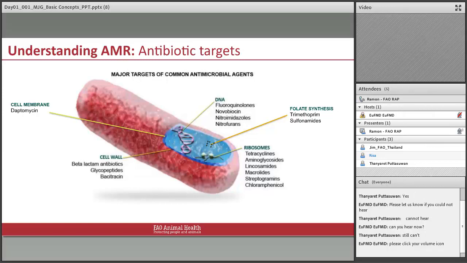For example, beta-lactam antibiotics like penicillin attack the beta-lactam rings. And of course, without this protective fence, the cell will die and the cell cannot propagate any further. So these are the antibiotics that work on this.